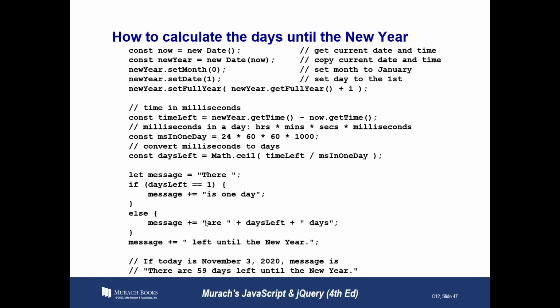So 1 for the 30th, 31, 31, 62, and 30 is 92, and 31 is 123, and 30 is 153, and 31. So today it would probably say there are 184 days left until the new year.